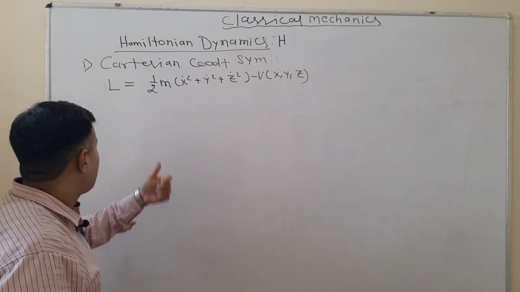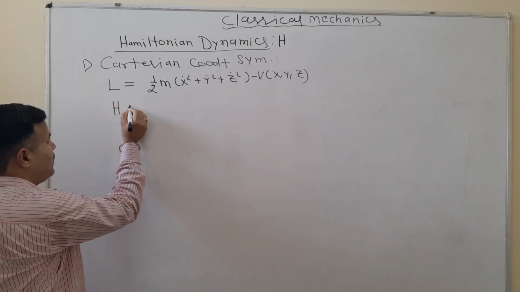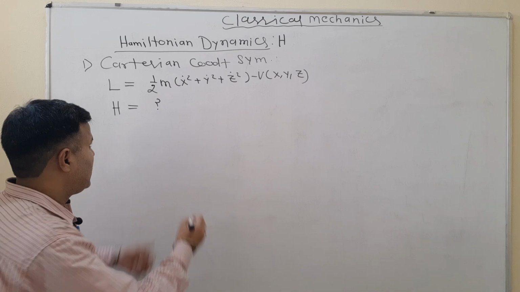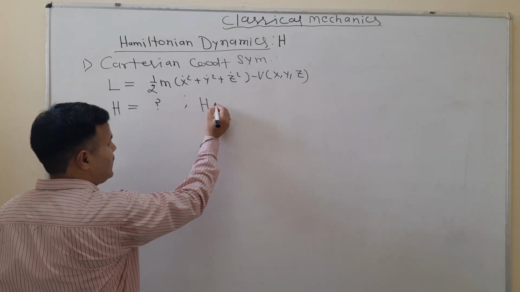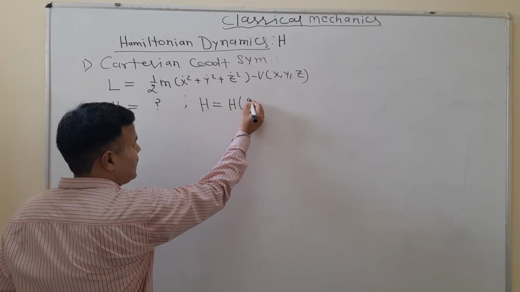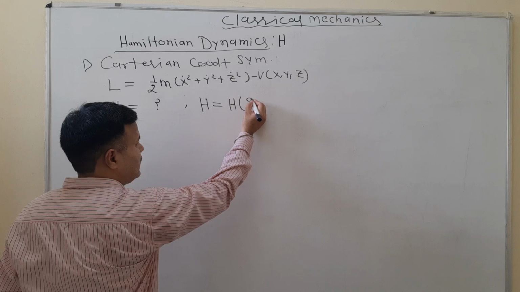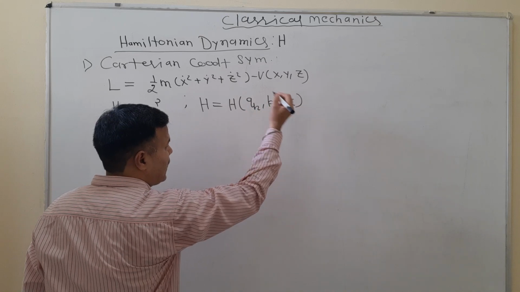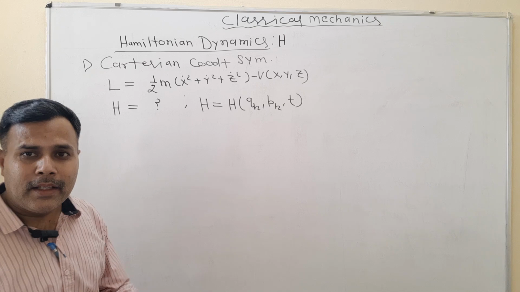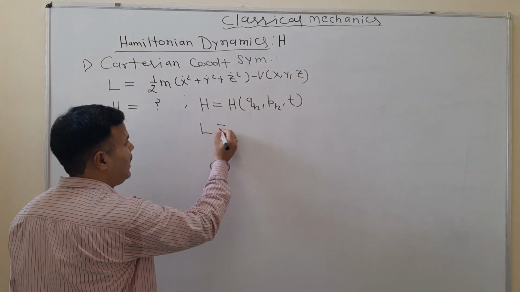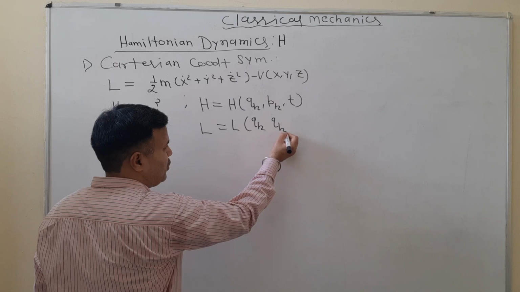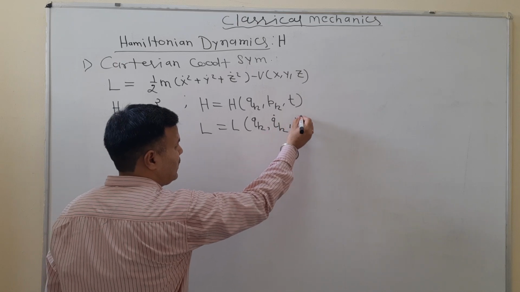So what is H now? How to write H? We know that H is a function of generalized coordinates, let's say qk, generalized momenta and time. But our L is a function of qk dot and time.